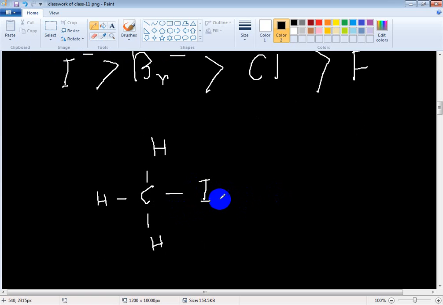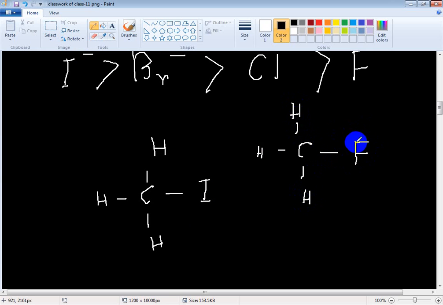But fluoride doesn't leave properly. Fluoride doesn't leave easily at room temperature, so it remains inert.